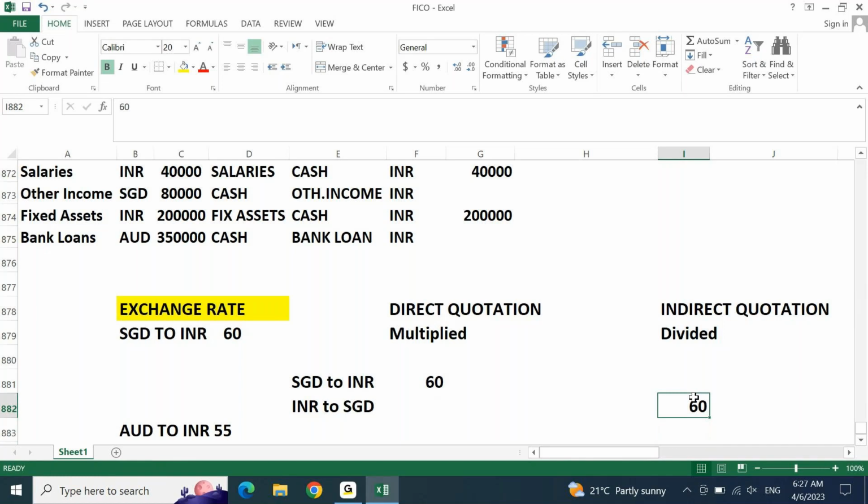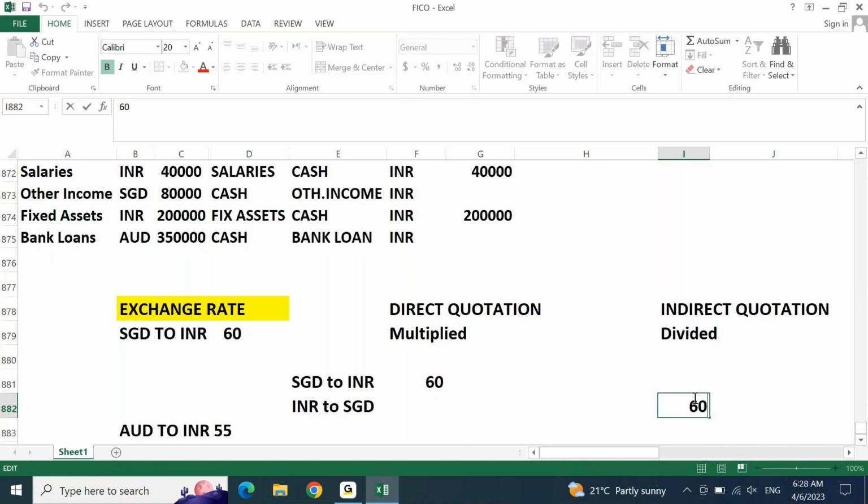So how do you identify if an exchange rate is updated as direct quotation or indirect quotation? On what basis? Slash. It will be slash.